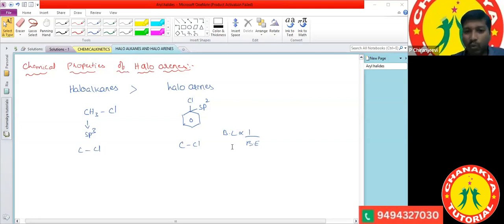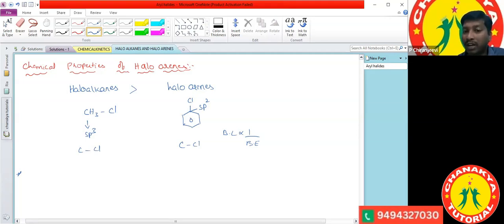Next, what is the other reason why haloarenes are less reactive? The halogens on the benzene ring undergo resonance. When they undergo resonance, they form a partial double bond between the chlorine and carbon.